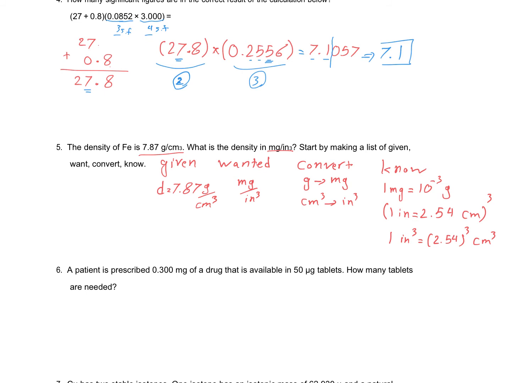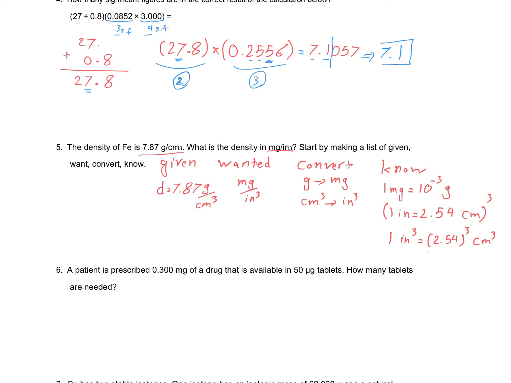Okay, so 1 cubic inch is 2.54 cubed cubic centimeters. Now it seems we have all the conversions that we need.